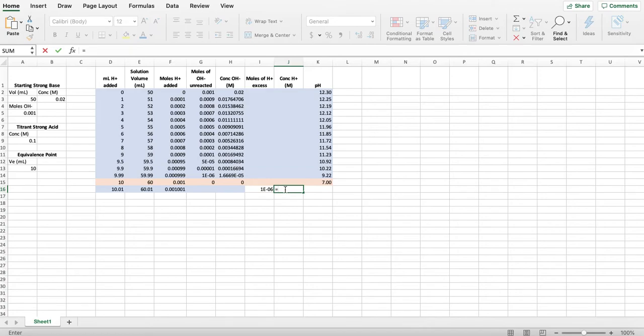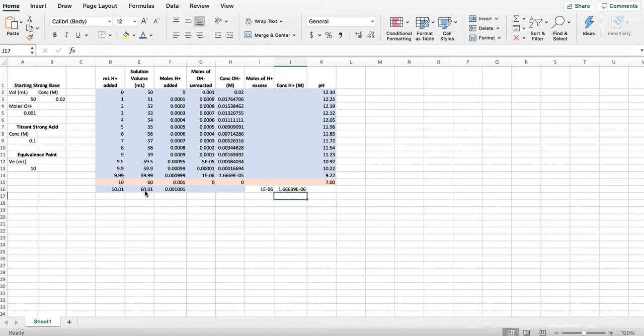And to get the concentration, we're going to take moles divided by the total volume times 1,000. And I put 100. Okay, oops, 1,000.